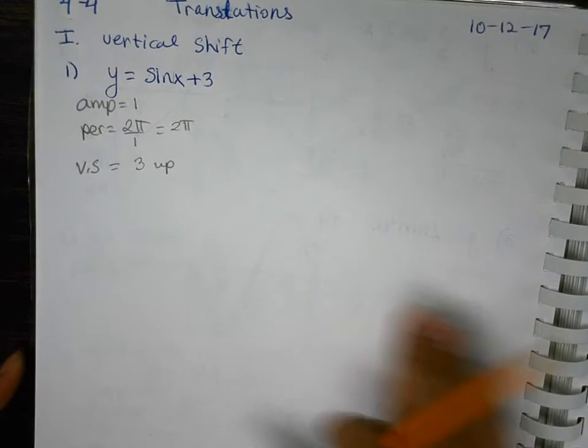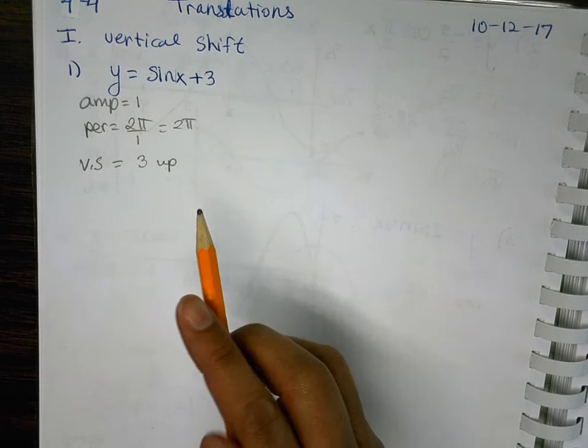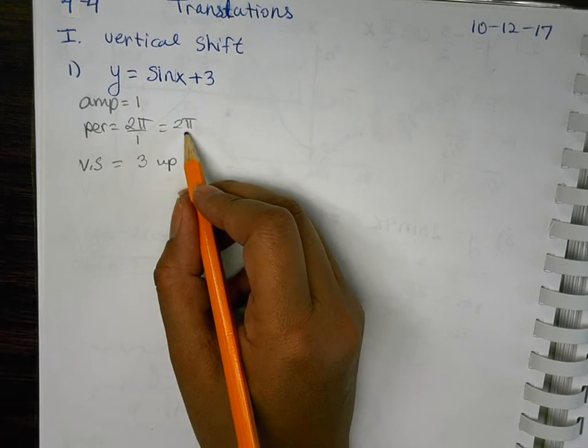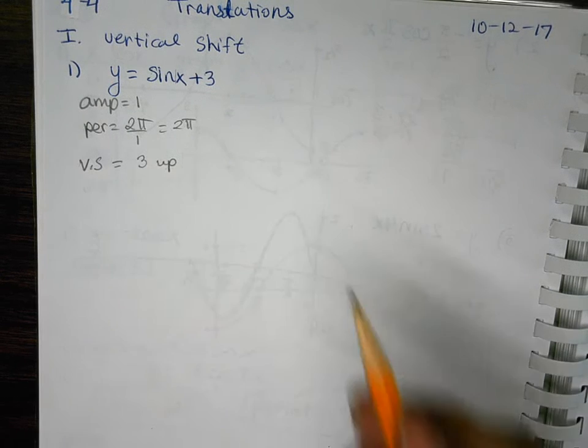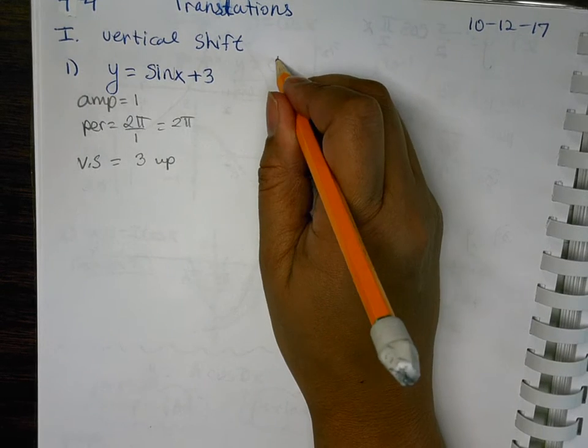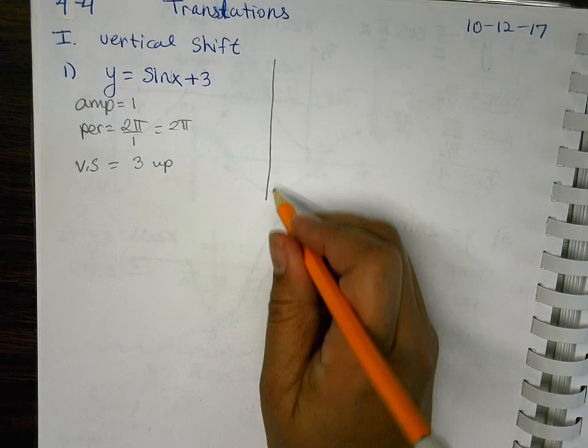Okay, so this one here, because the period is 2 pi and there's no horizontal shift, there's no right and left shift, we're going to start at 0 and end where? 2 pi? All right, so when you make your graph, make it so you have a big enough x-axis because we're shifting upward.